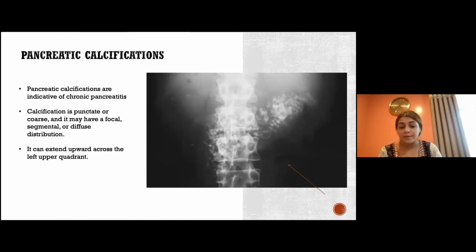It can expand upward and across the left upper quadrant, as you can see over here. Pancreatic calcification due to pancreatitis could be due to many reasons, commonly seen in alcoholic patients who have chronic pancreatitis.